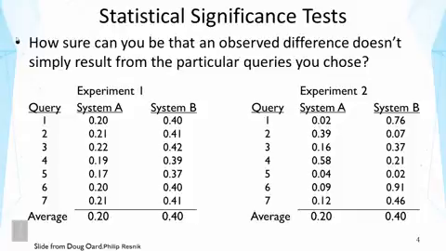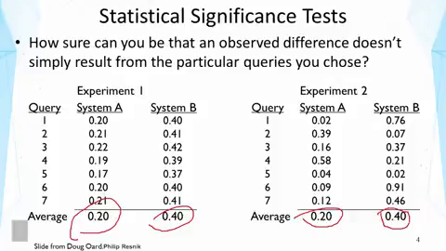And you can see in the bottom, we have mean average precision. If you look at the mean average precision, the mean average precisions are exactly the same in both experiments. So you can see this is 0.2, this is 0.4 for system B, and again here it's also 0.2 and 0.4.